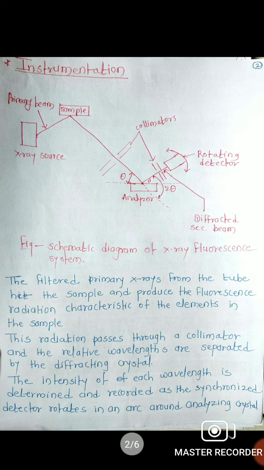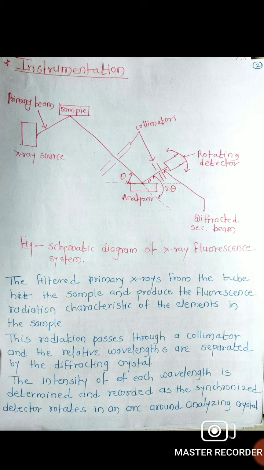Now we study the instrumentation of the fluorescence method. This is the schematic diagram of the X-ray fluorescence system. This is the X-ray source. Generally, this is a tungsten source because of its short wavelength of X-ray radiation, therefore we selectively take a tungsten X-ray source.